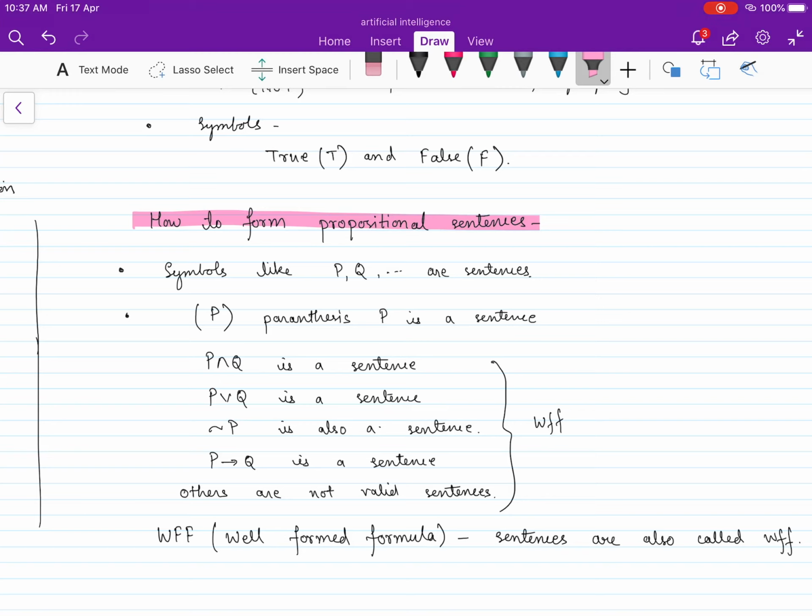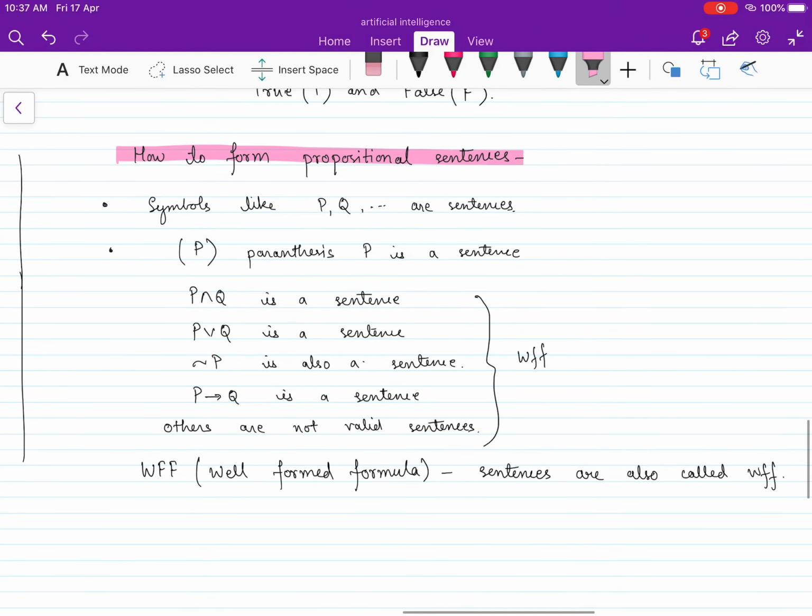So symbols like P, Q are sentences, and with parentheses, P and Q, P or Q, not P, P implies Q are valid propositional sentences, also known as WFF, or well formed formulas.